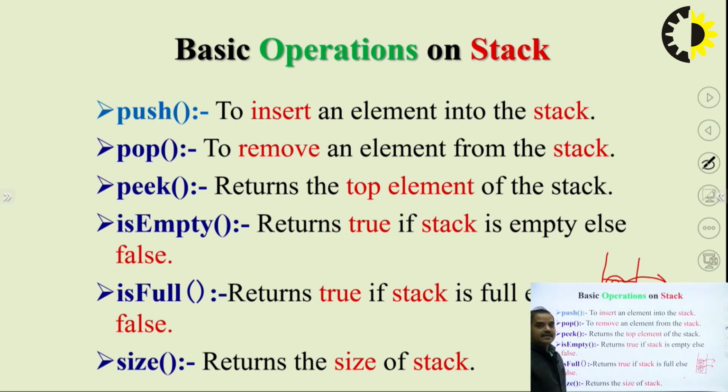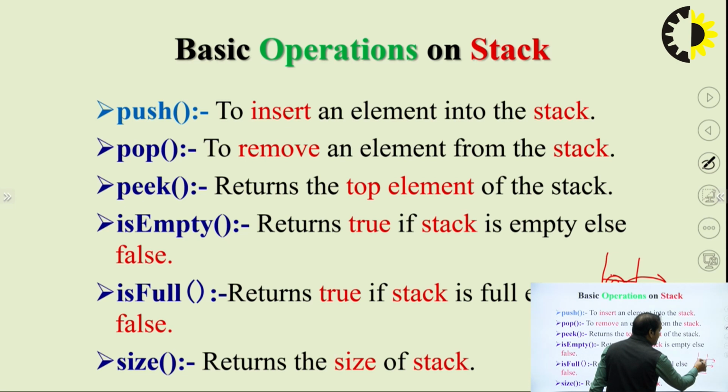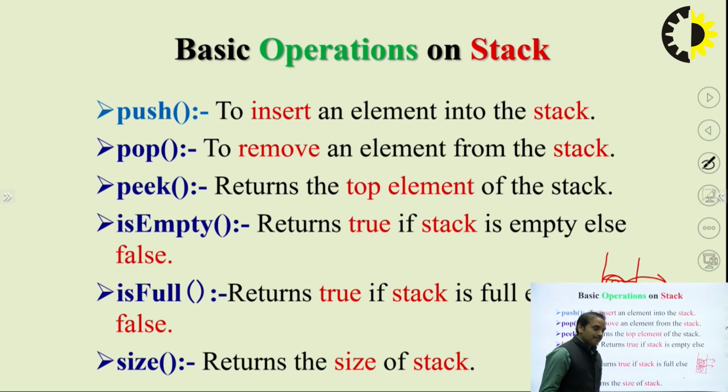The next operation is the peek operation. It returns the value of the top element without erasing it. That means if we want to print B without removing B, this returns the value of B. The next one is empty.